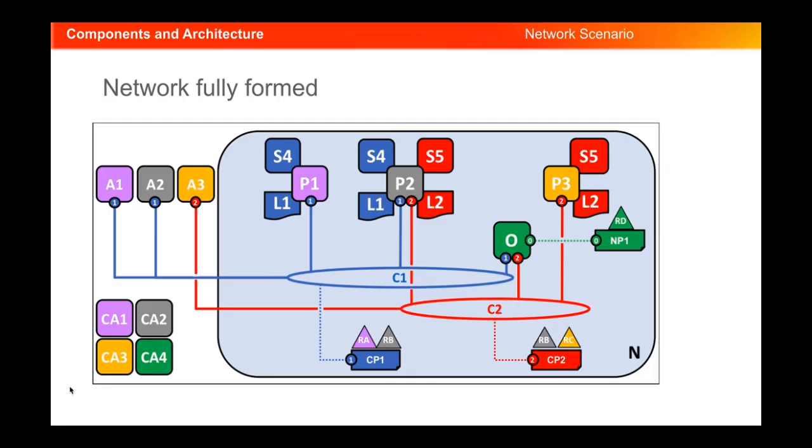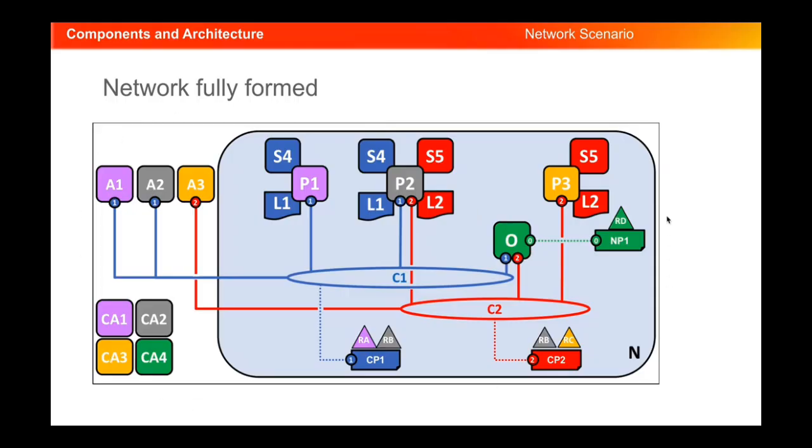So to summarize this, a peer can be part of two different channels, and when a peer becomes part of two different channels, it maintains two ledgers, each of which is particular to one channel. So that is how it goes.